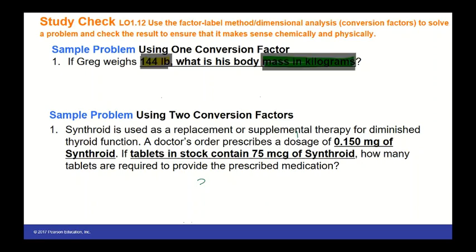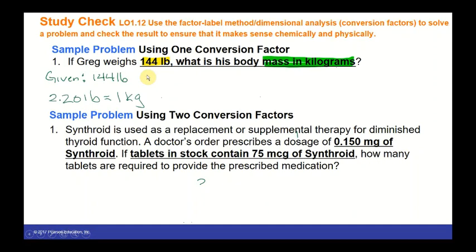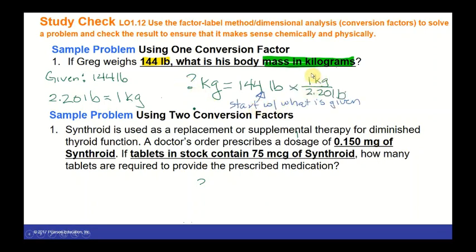Okay, so we know what's given is 144 pounds and that we need to find the mass in kilograms. So we also know that our conversion factor is 2.2 pounds is equal to 1 kilogram. We set up our problem starting with what we're given. Then we multiply by our conversion.